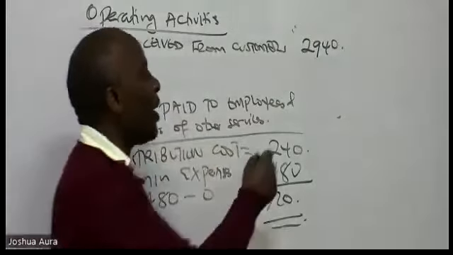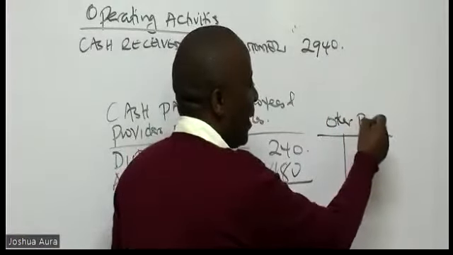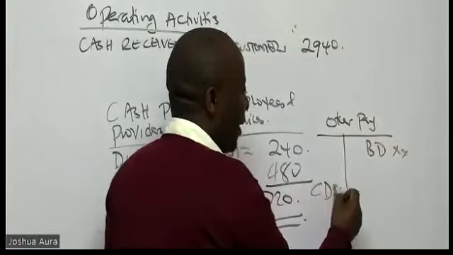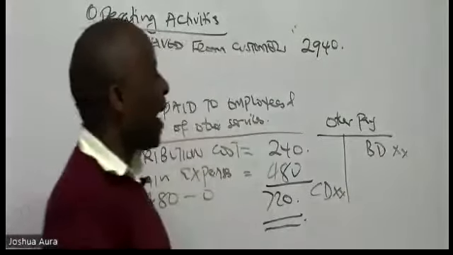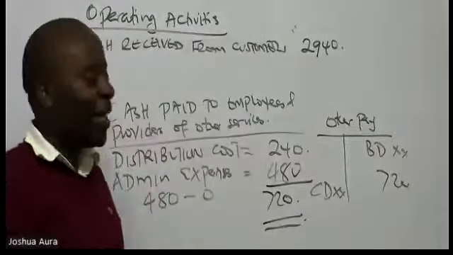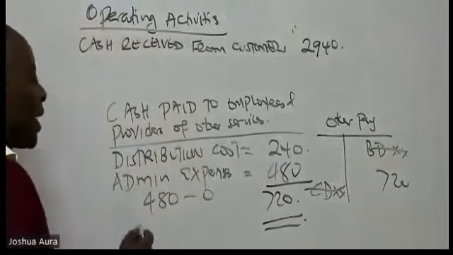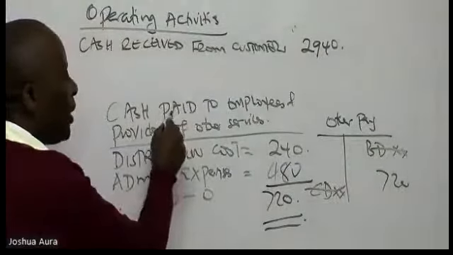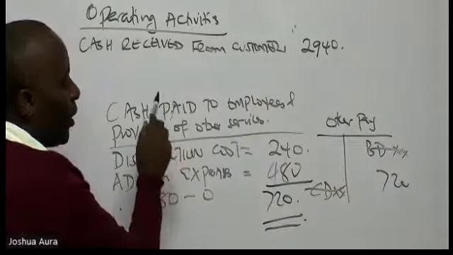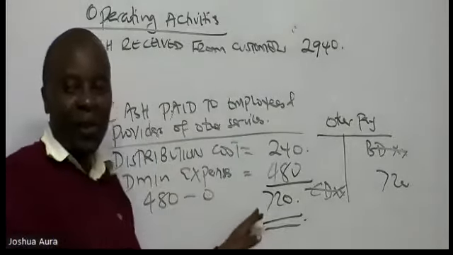If I had an account called other payables, I would have created it here, brought down, put a figure there, carried down, put a figure here, and then whatever figure I have here, I bring it here, 720, and then I'll be able to get the balancing figure. Here I've got nothing, so this 720 automatically is the cash paid to employees and providers of other services. That is 720.